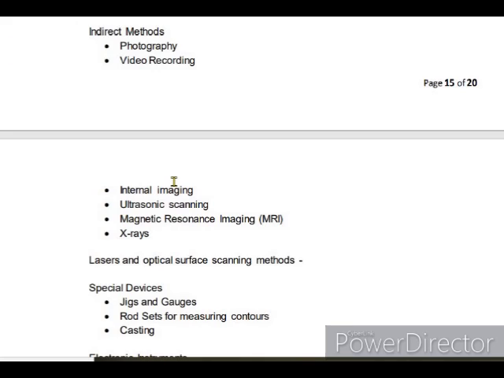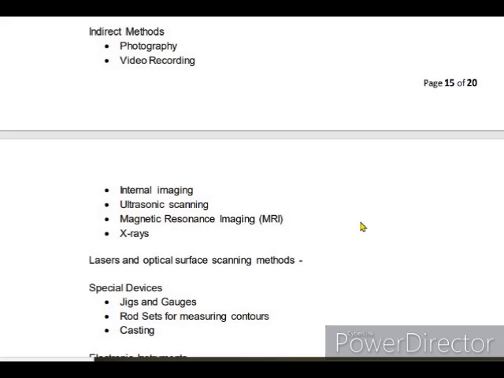It is the one that is used in the medical field. Do you know the ultrasound for pregnant women? It is like that, the internal imaging. Next, ultrasonic scanning. It is also like internal imaging, using ultrasound waves to scan the internal parts of the body of an individual.